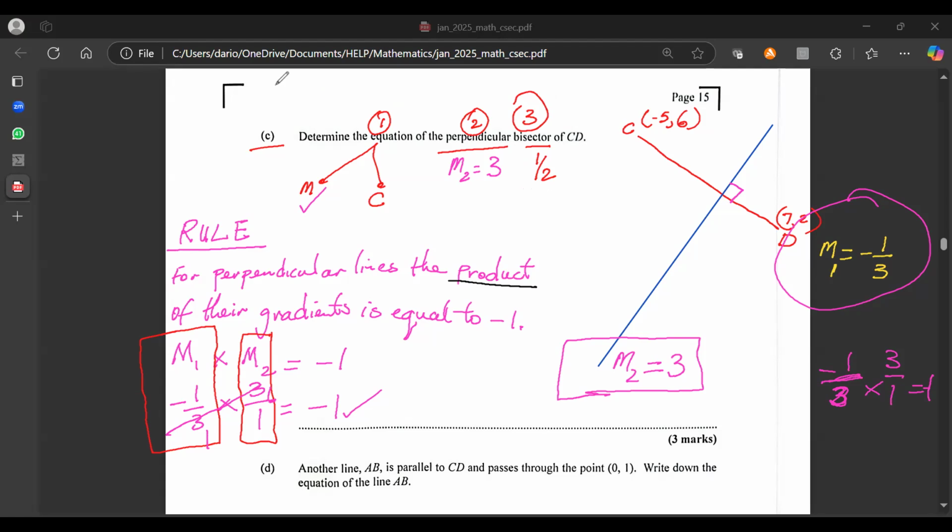The bisector cuts the line in half. Janae, what did I just say? The bisector cuts the line in half. Very good. Vion, what did I just say? The bisector cuts the line in half. Very good.